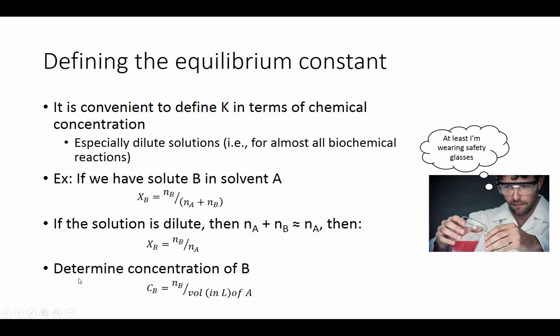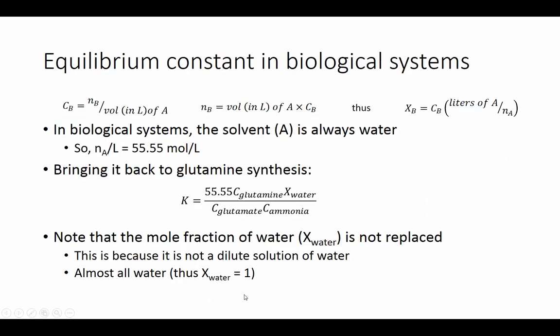We can put it in terms of volumetric concentration, where Cb is the number of moles of B divided by the volume in liters, or whatever volume you choose to use, of A. Typically we go with liters.